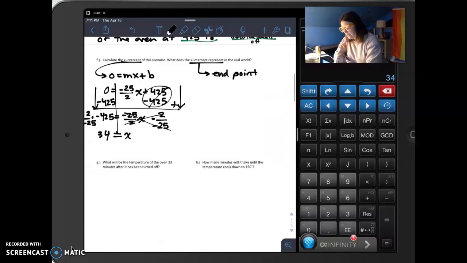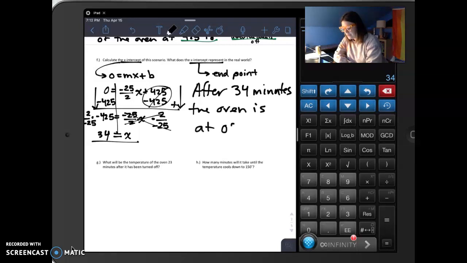So we can say, remember this is x, so after 34 minutes, the oven is at 0 degrees Fahrenheit. So yes, technically this is correct. When y gets to 0, which is kind of like an endpoint, 0 degrees Fahrenheit is something you need to understand as a part of the question. After 34 minutes, that's another thing you would need to notice about this question.